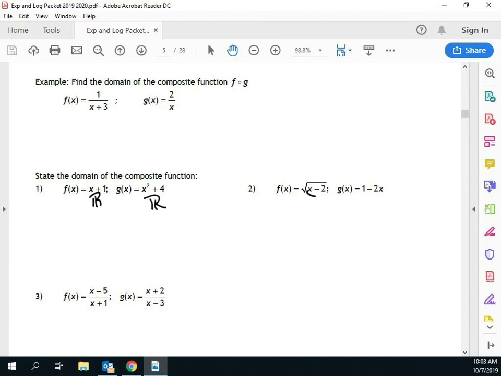I'm going to take what's inside, x minus 2, and I'm going to say that needs to be greater than or equal to 0. And solve. So, x is greater than or equal to 2. That means any number that's greater than or equal to 2 will work in that equation.